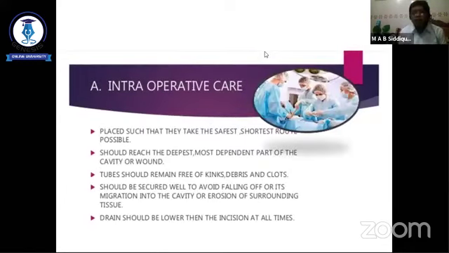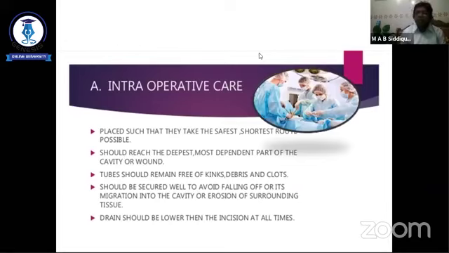Intraoperative care. What are the intraoperative considerations? Drains should be placed such that they take the safest, shortest route possible. They should reach the deepest and most dependent part of the cavity. The tube should remain free of kinks, debris, and clots. It should be secured well to avoid falling off, migration into the cavity, or erosion of the surroundings, and should be secured with suture material.